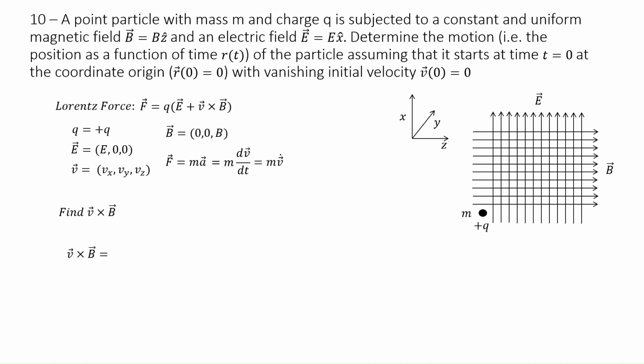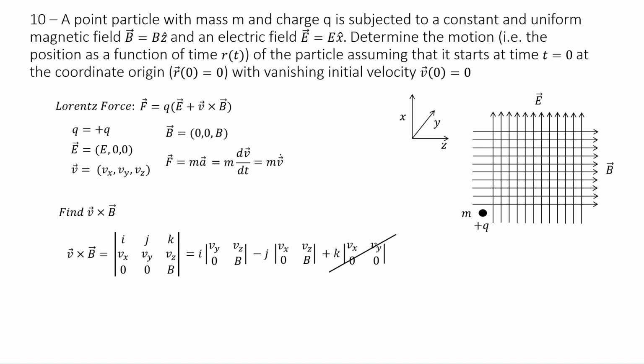Now, v cross B can be very simply given as this cross product here, which expands out to these sub-matrices of the components. And you'll notice that for k, you have two zeros on the bottom, so your determinant will simply be vx times 0 minus vy times 0, so it cancels out.